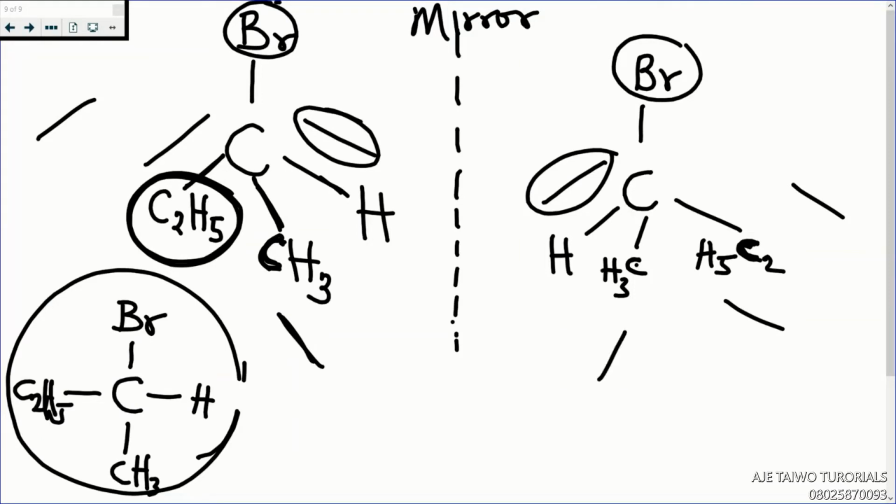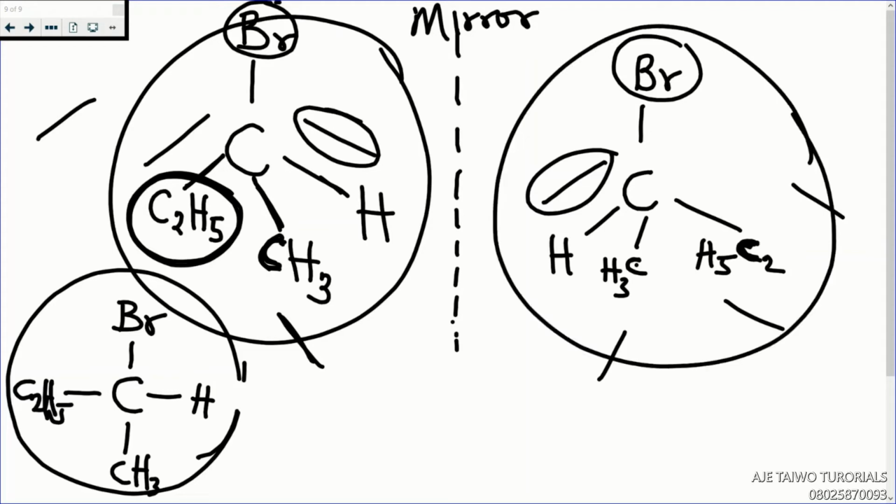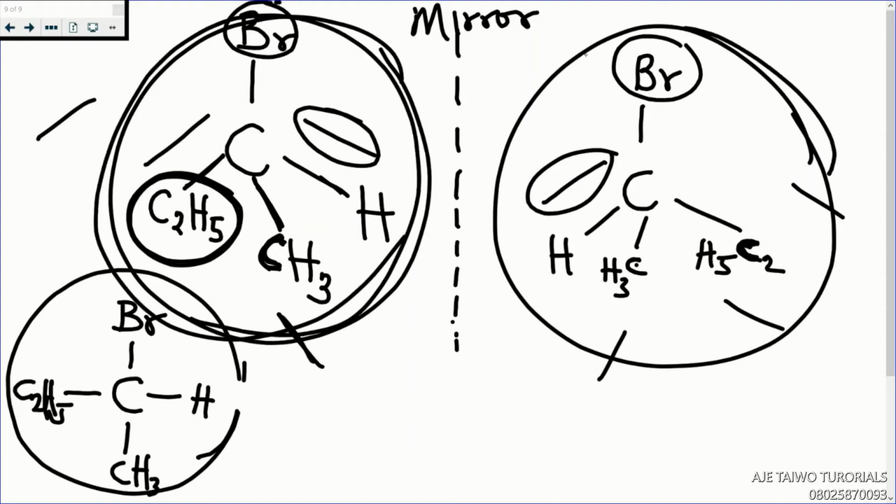That is how to draw. Look at the board. This molecule is a mirror image of this molecule. Why? Because if you carry this one and put it on that one, they will not superimpose perfectly.